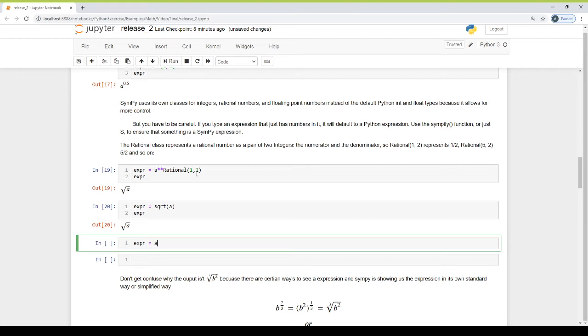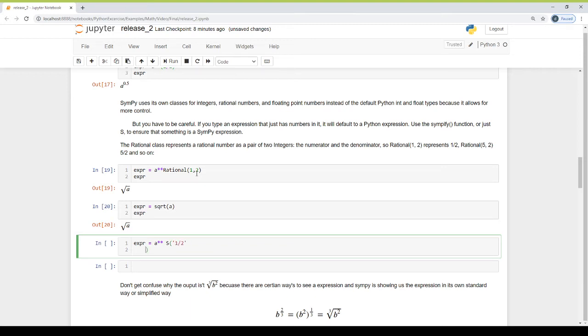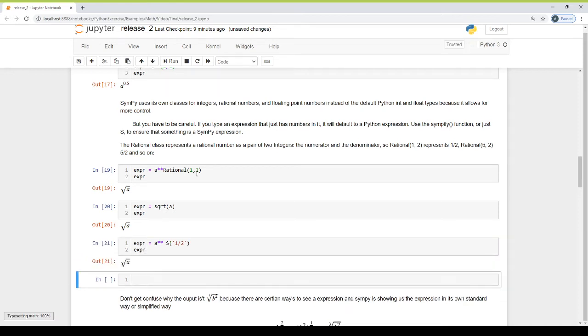For example, a raised to the power S(1/2). When you print the expression, it will be the square root of a.